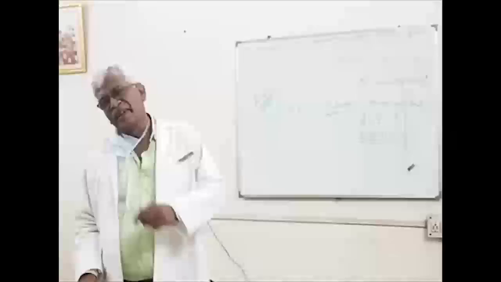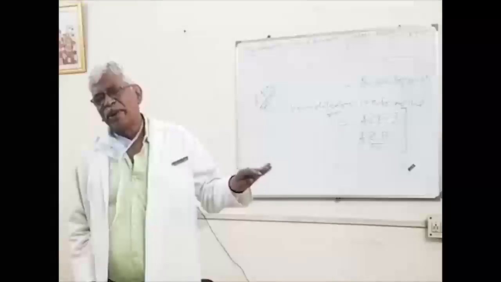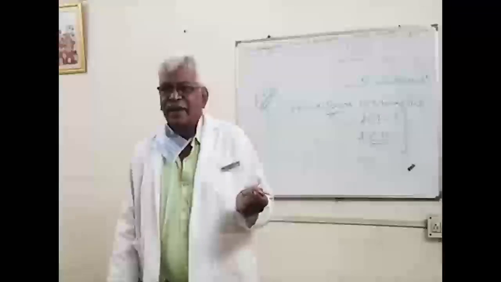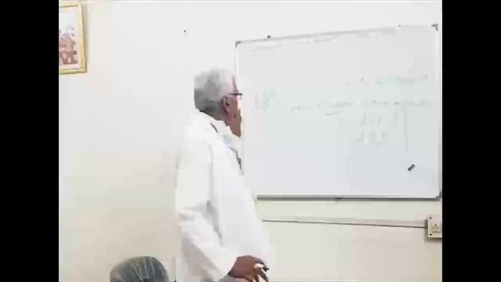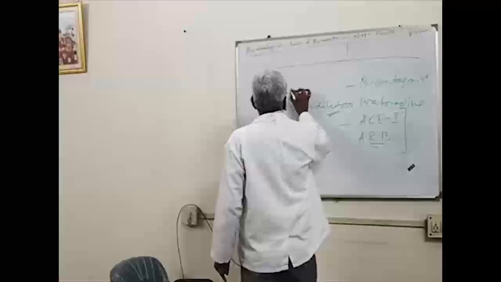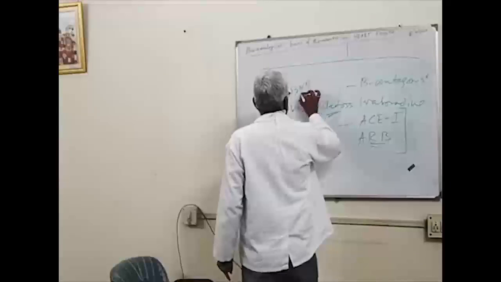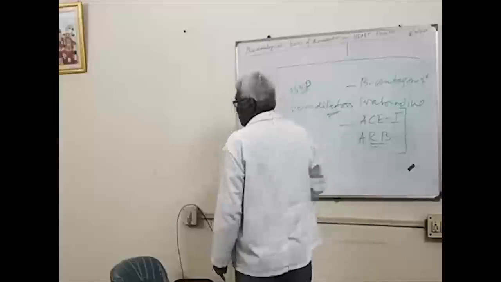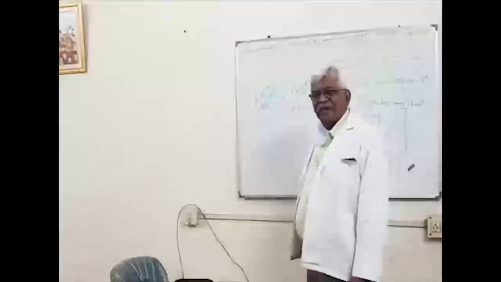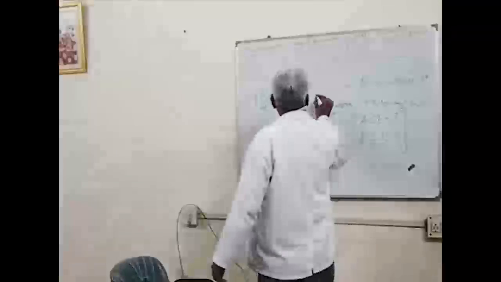Their main function is natriuresis, that means they excrete sodium, and they also have some vasodilatation property. So if you have a drug which has BNP-like property, it will be effective in heart failure, and the drug is nesiritide.